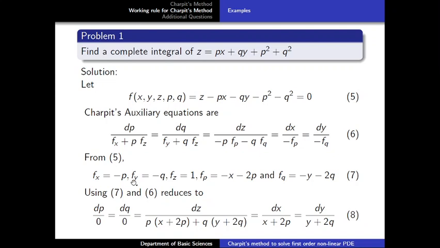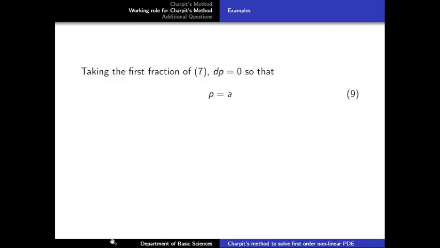Now we have to determine p and q. For that, let us consider the first ratio, that is dp by 0. As all the ratios are equal, we can say they are equal to a constant, say k. Then dp by 0 is equal to k, so dp is equal to 0 into k, which means dp is equal to 0.